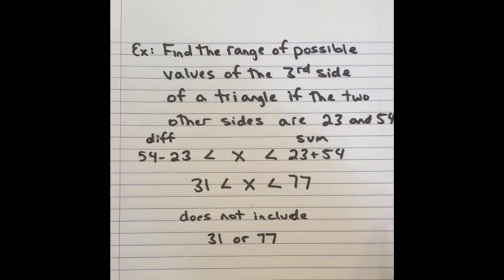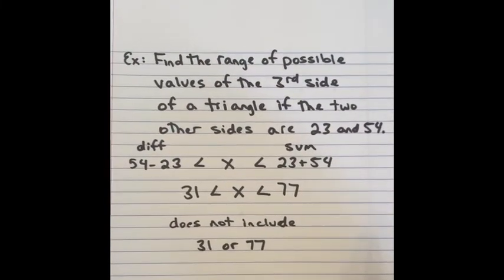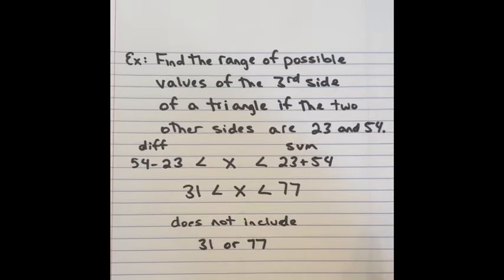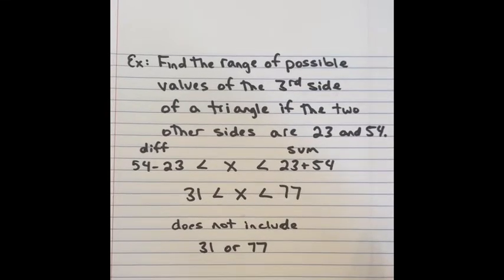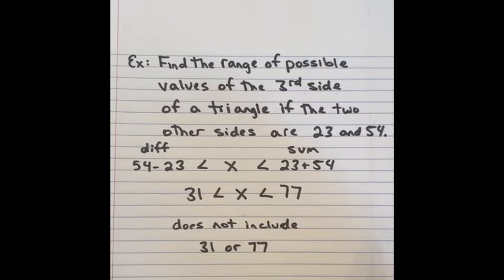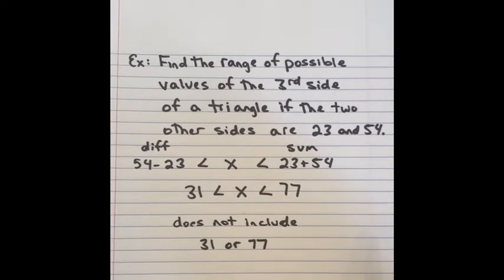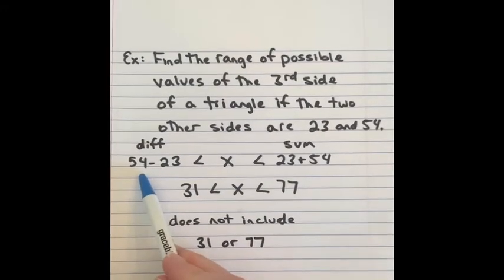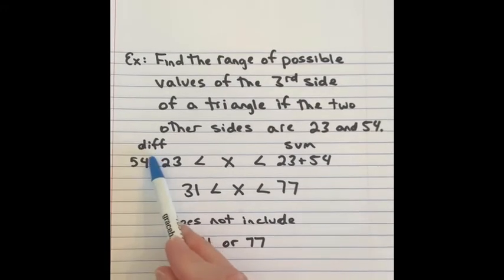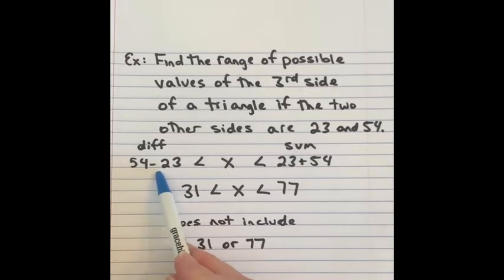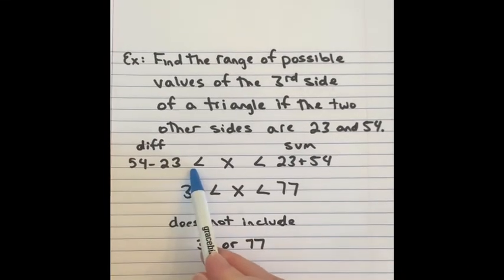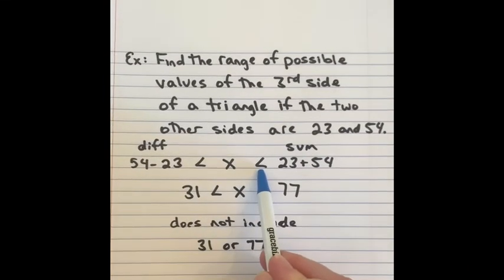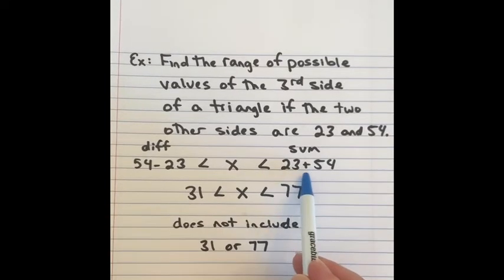For the second concept, we are going to look at a problem. This is an example. It says find the range of possible values of the 3rd side of a triangle if the 2 other sides are 23 and 54. So remember with this, we would take our 2 sides, we're going to find the difference of them. So we take 54 minus 23, set that less than x, which is less than the sum of them, and we add them together.